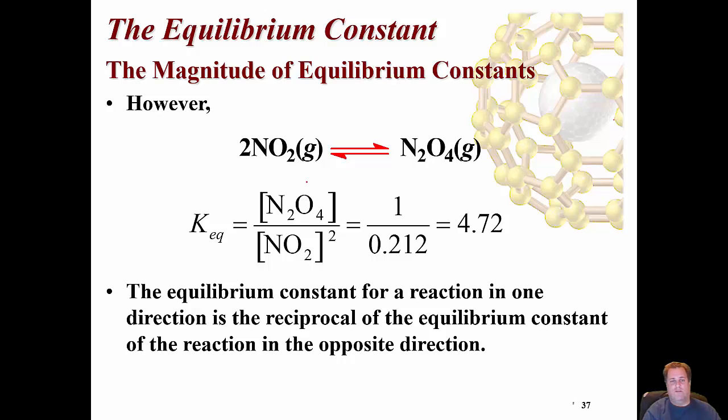So really we're just flipping over the fraction, which means we're just flipping over the K value. So it's 1 over 0.212, and so it's 4.72. And so, as we say down here, the equilibrium constant for a reaction in one direction is the reciprocal of the equilibrium constant in the opposite direction, or just 1 over whatever K was in the previous reaction.